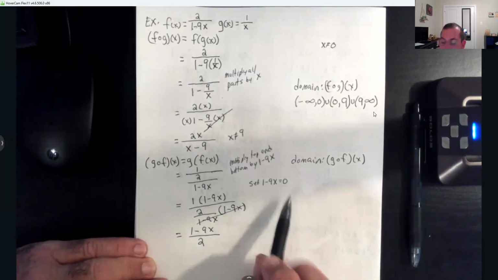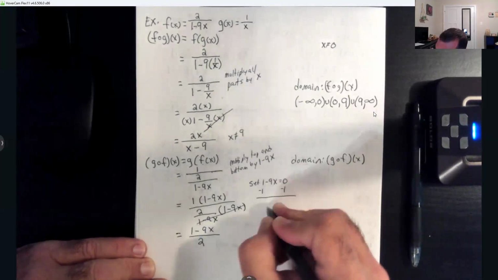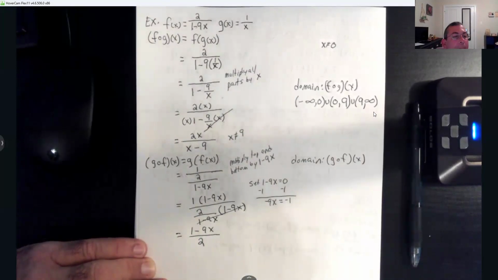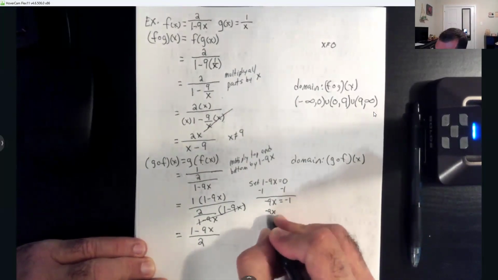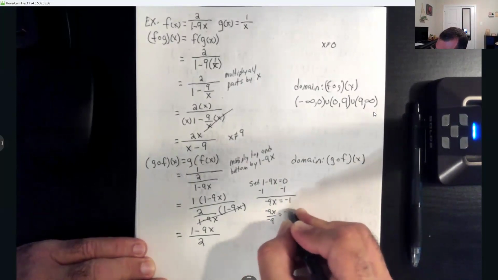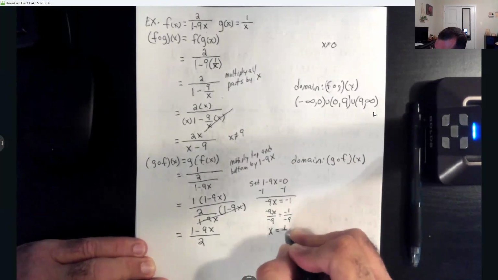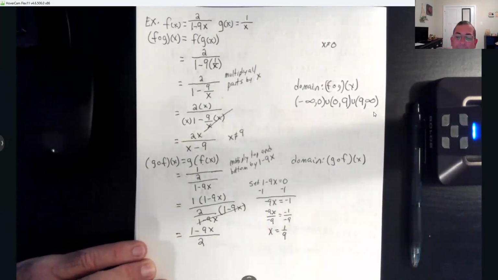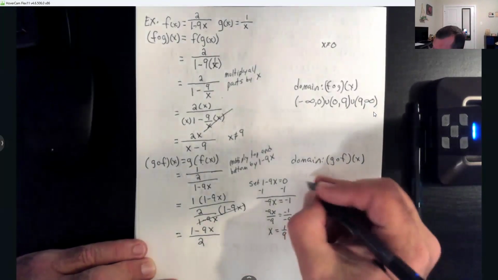So solving this, I'm going to subtract 1. I get negative 9x equals negative 1, and then divide by negative 9. And y'all, I get what? X is equal to 1/9, which means, good job, we cannot equal 1/9, so we're going to union around that 1/9.